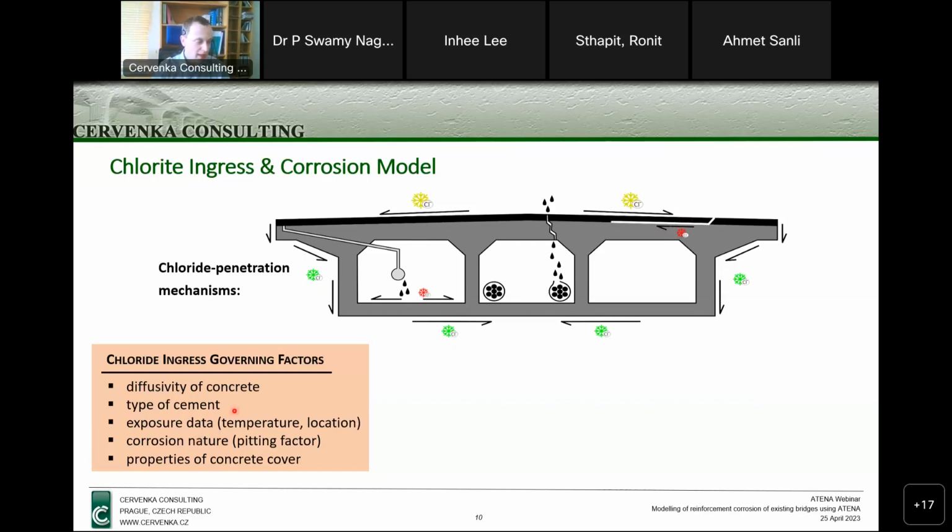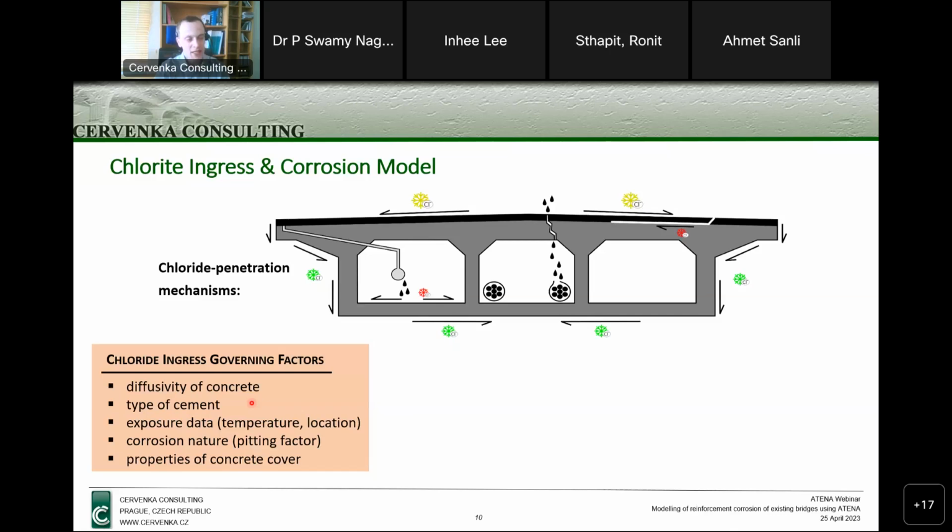Also the type of cement is important to know, because for example some addition of the supplementary cementitious materials results in better resistivity of the concrete to the chloride attack. And then of course it depends on your exposure condition, meaning the temperature on site and the location of the structure.